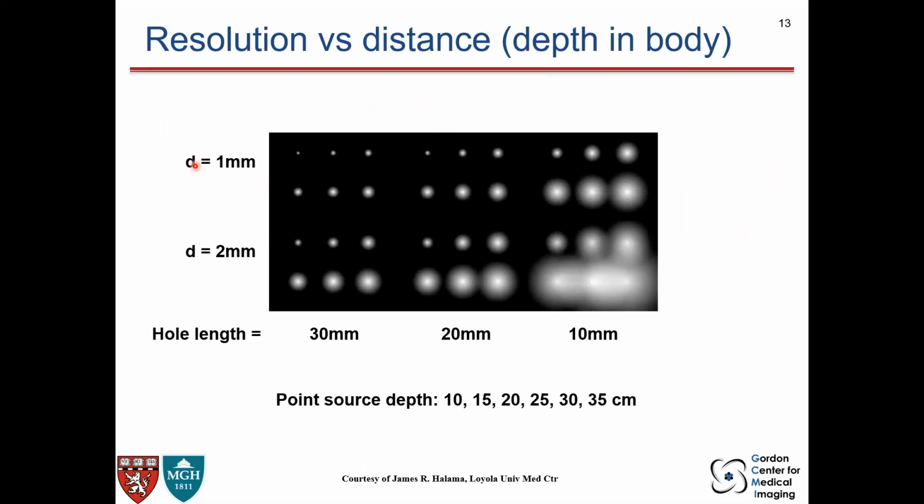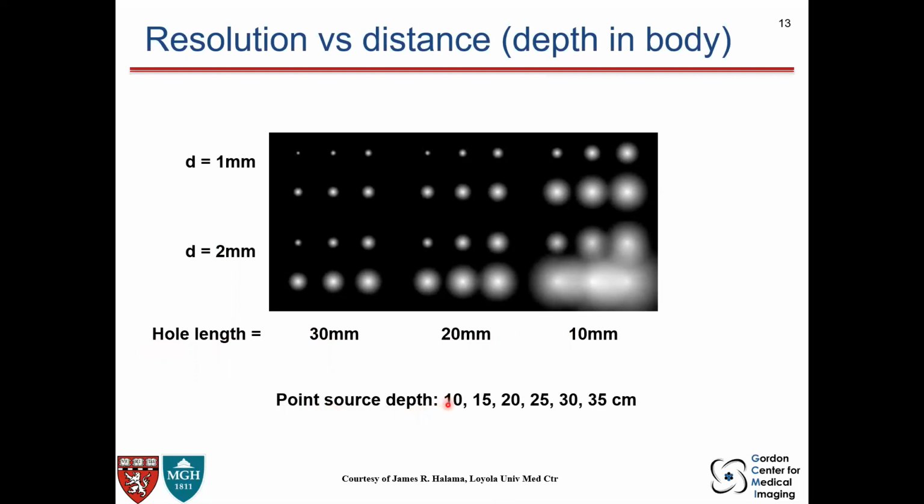So D is the collimator diameter. Okay, in this case, we have 1 or 2 millimeter, and hole length of 3 centimeter, 2 centimeter, and 1 centimeter, and the point source depth within the patient.